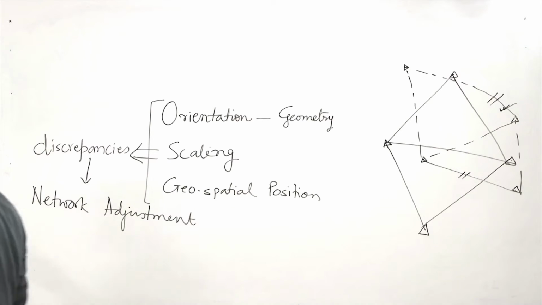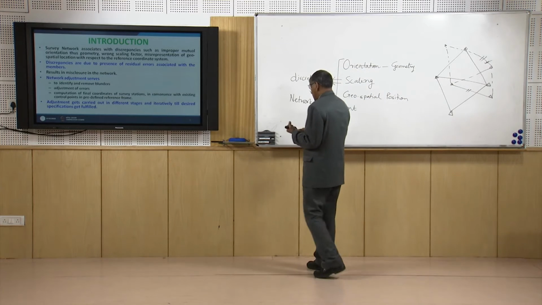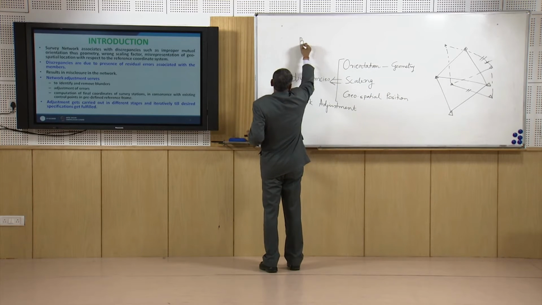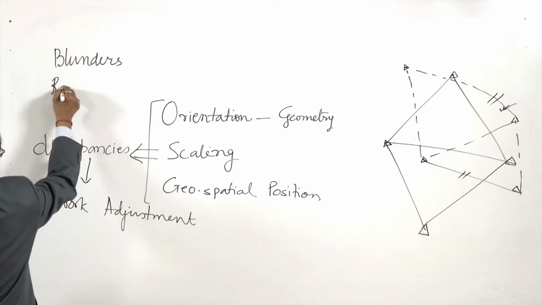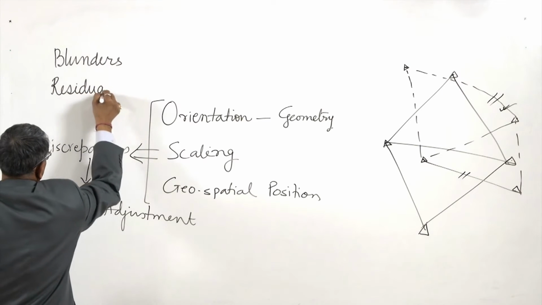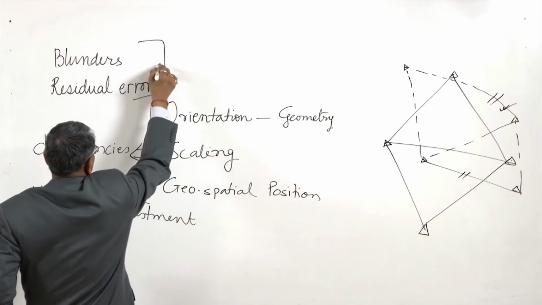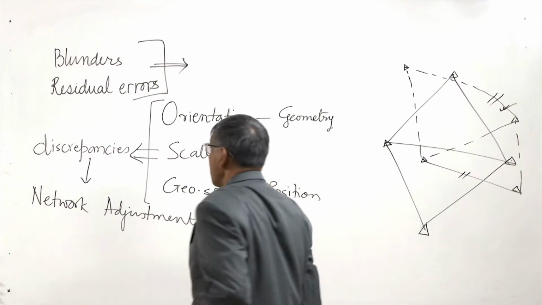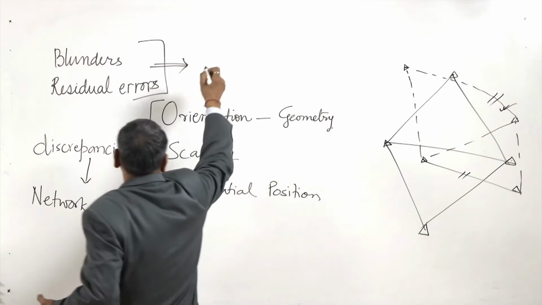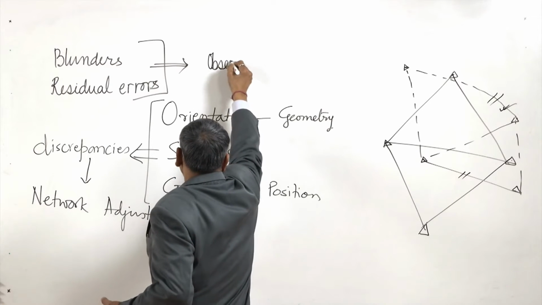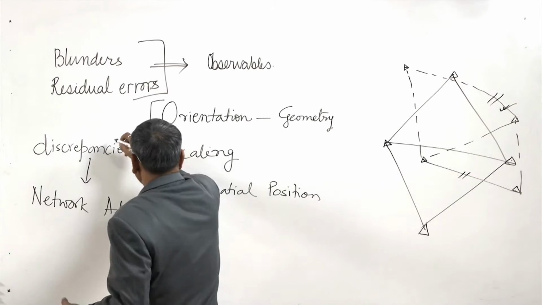Usually these discrepancies arise out of two things. One is blunders and the other is residual errors. These are the two factors, because of their presence in the observables we may get these discrepancies.